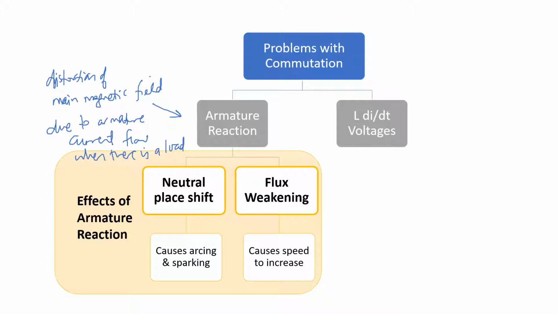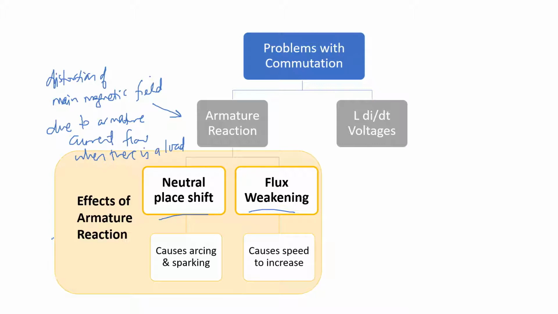And the effect of armature reaction is divided into two, which are neutral plane shift and flux weakening. As we've seen before, the neutral plane shift causes arcing and sparking because commutation happens at a point where the induced voltage is no longer zero, and flux weakening causes the speed to increase because as flux decreases, the speed of the machine will keep on increasing.